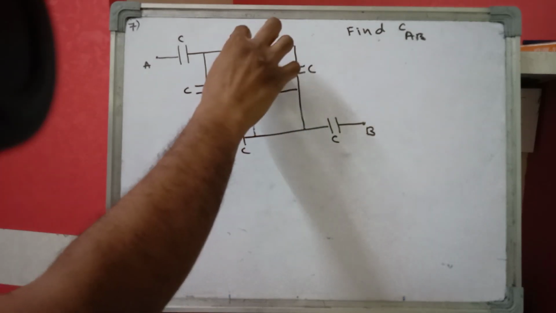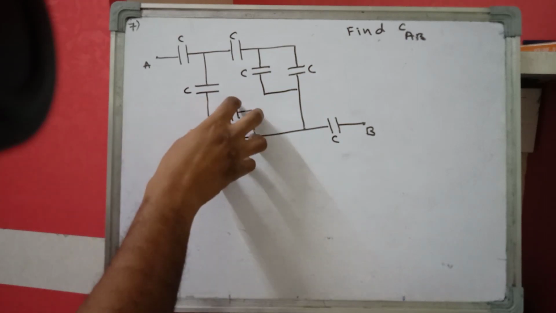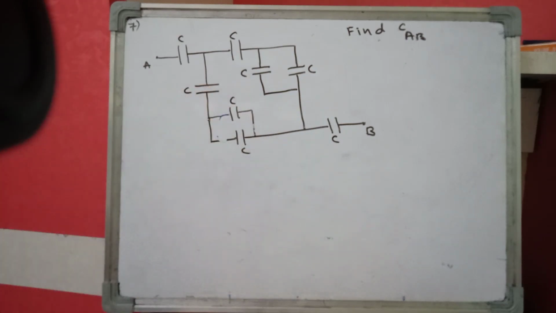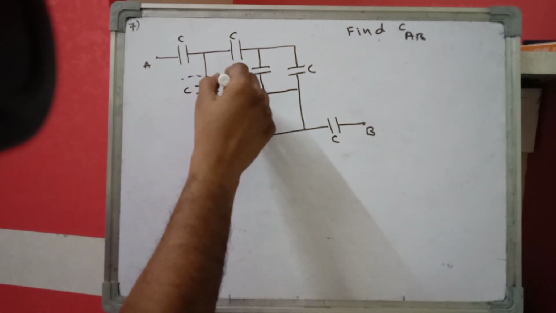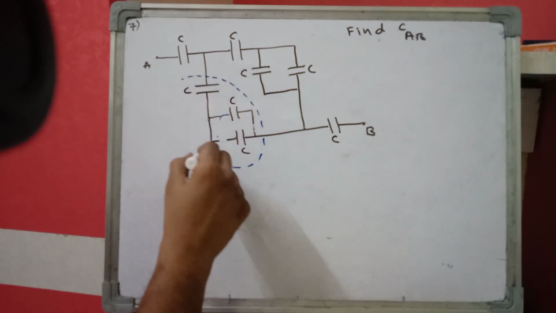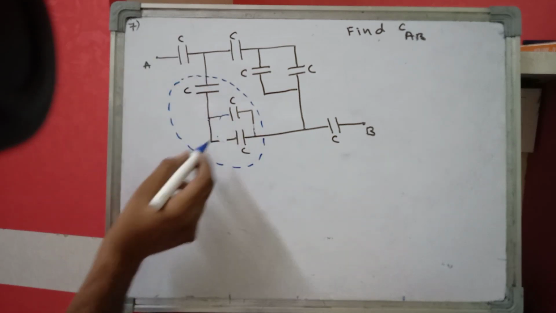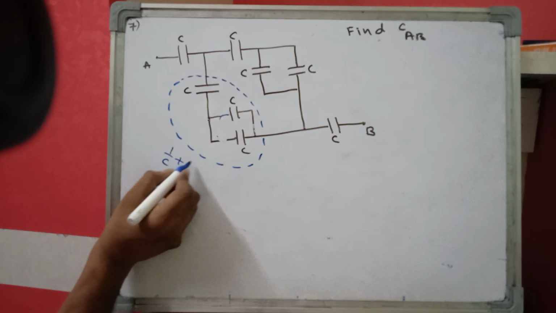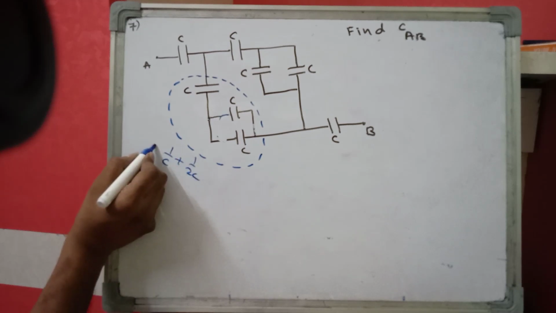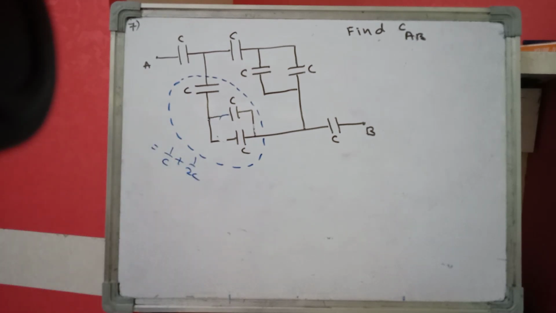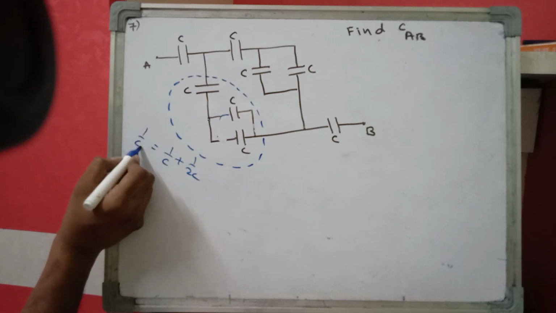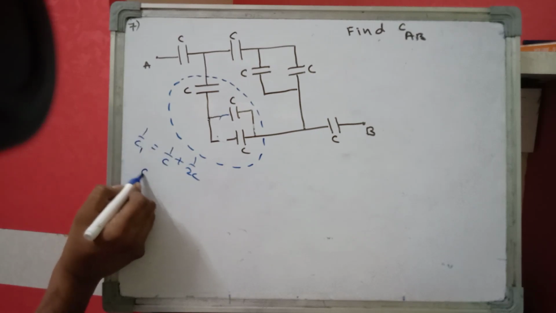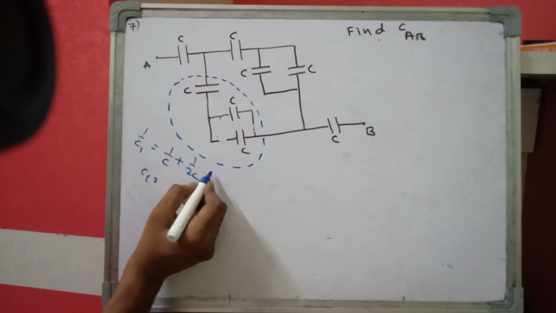This 2C is in series with this one. This 2C is in series with this one. Then what is the effective capacitance of this part of that circuit? As this 2C is in series with this one, we can write 1 by C plus 1 by 2C is equal to 1 by C1.